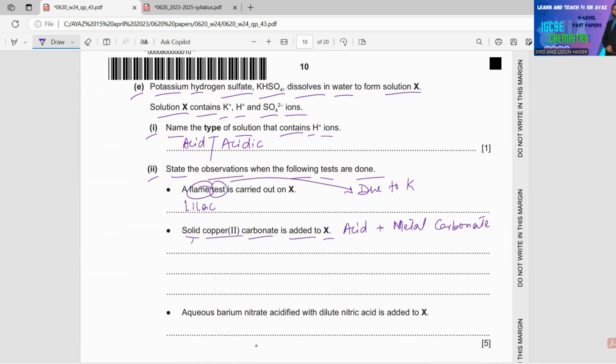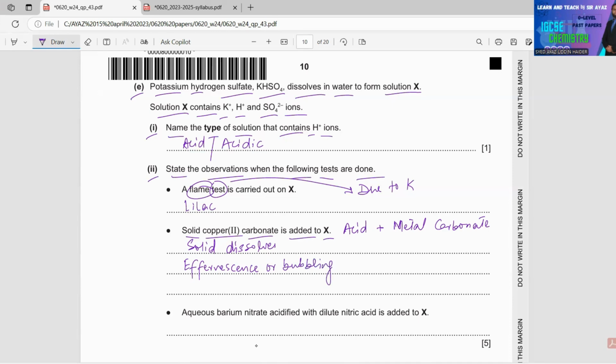So you'll write solid dissolves. During this reaction, you will get 3 products: salt, water, and carbon dioxide. Carbon dioxide is produced, so it will give effervescence or bubbling.